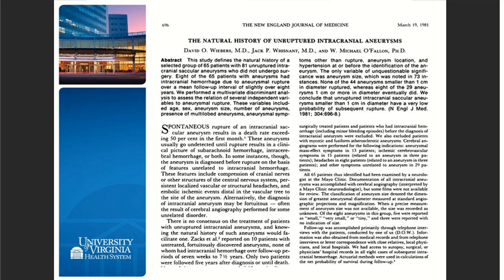This is the first paper, or one of the first papers, looking at the natural history of unruptured aneurysm. With these types of studies, one of the most important things to look at is what is the ultimate patient population? What's the selection bias inherent in the study?